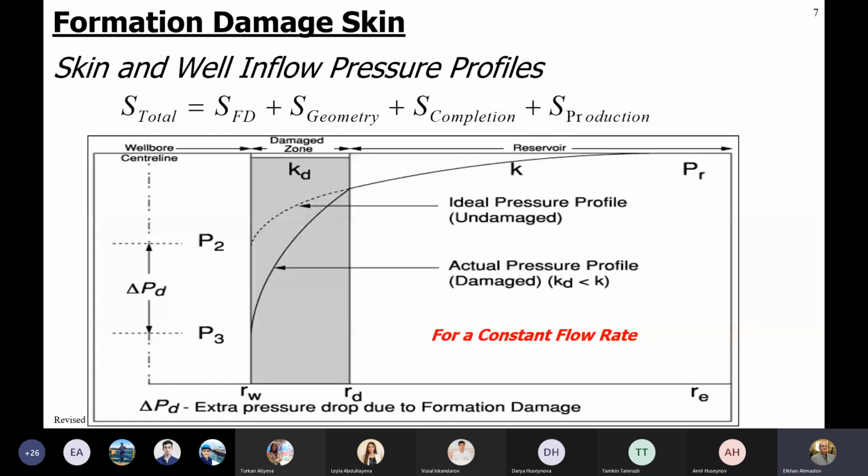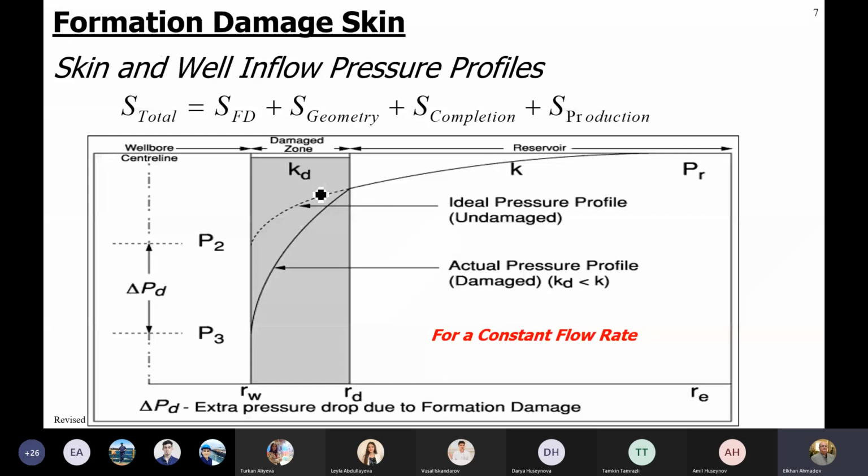And even without damage, we have a more substantial pressure drop in the near wellbore than through all the reservoir part.